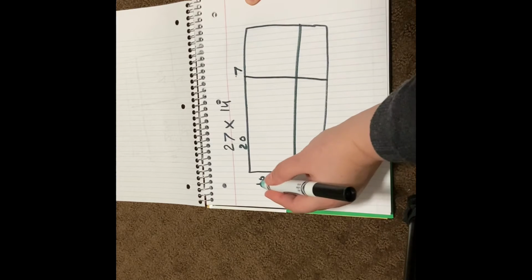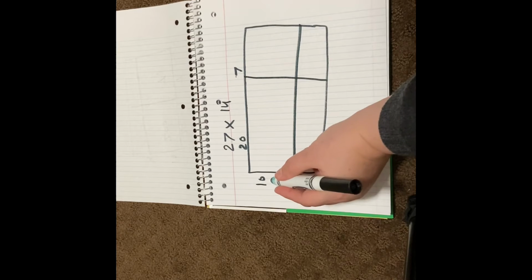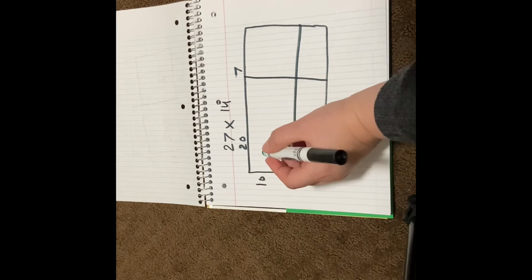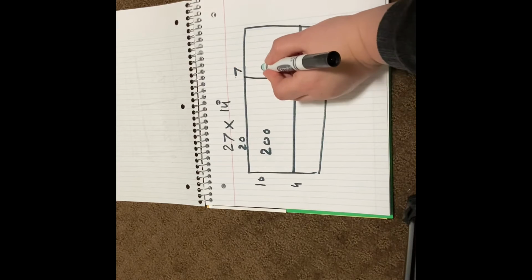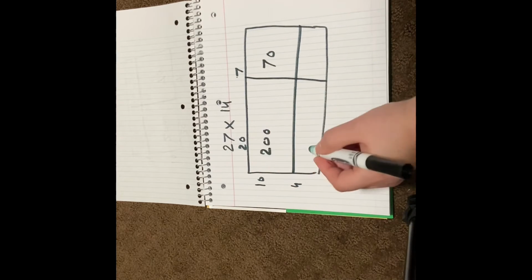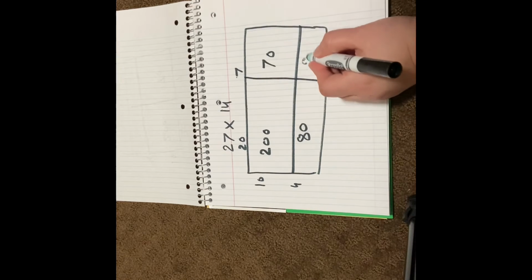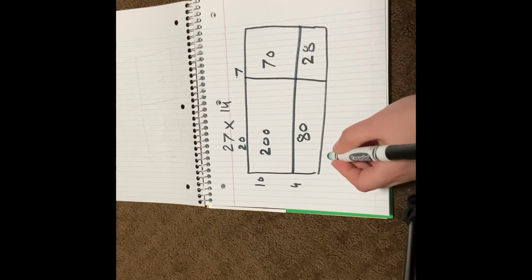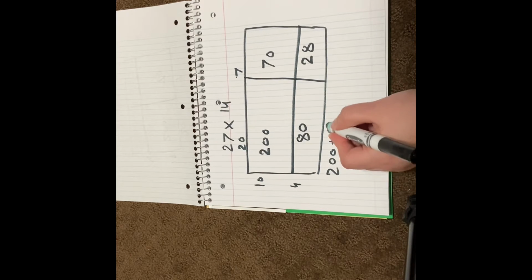So I'll use the partial products of multiplication to get the results. So here 10 multiplied by 20 is 200, 10 multiplied by 7 is 70, 4 multiplied by 20 is 80, and 4 multiplied by 7 is 28.